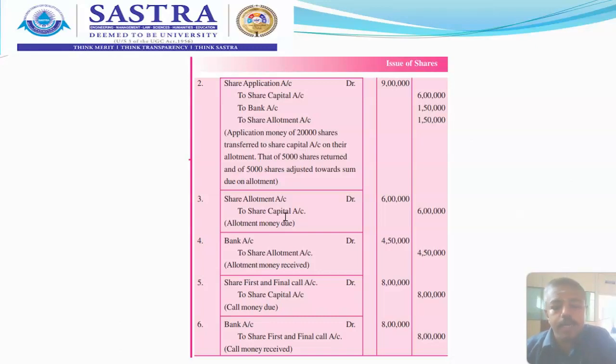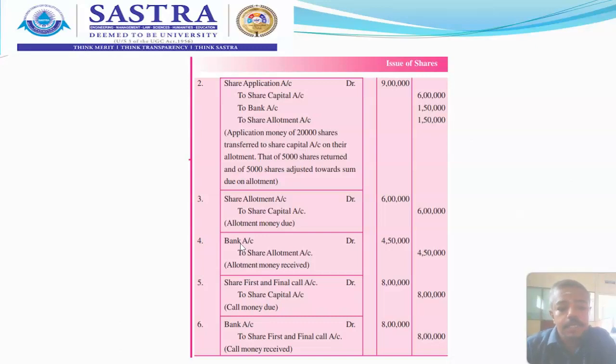Share allotment account debited rupees 6 lakhs to share capital account rupees 6 lakhs. The next journal is bank account debited rupees 4,50,000 to share allotment account rupees 4,50,000. Next, share first and final call account debited rupees 8 lakhs to share capital account rupees 8 lakhs.